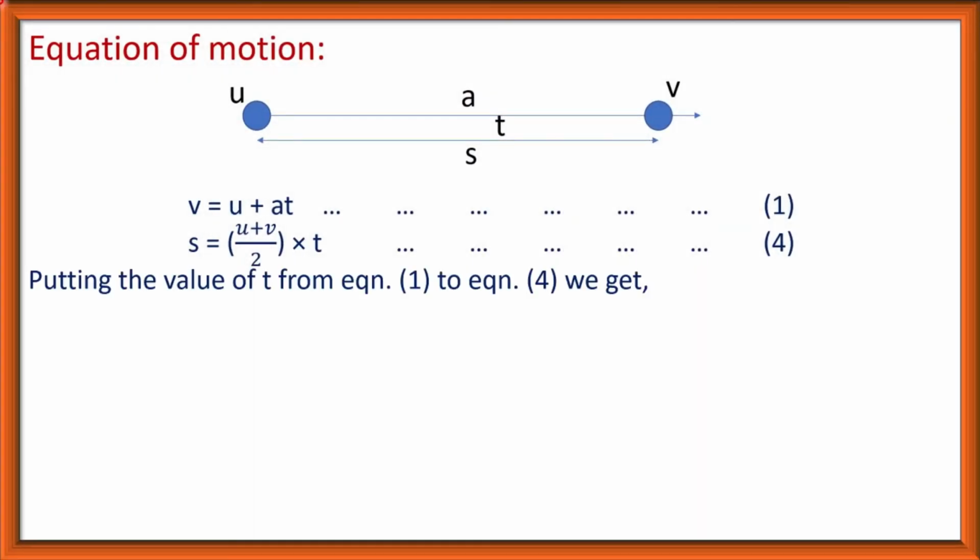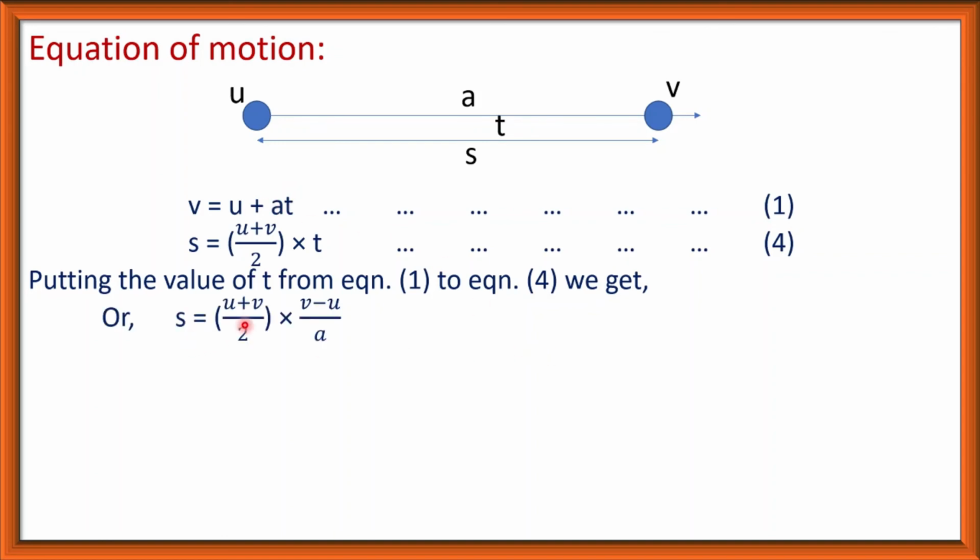Now putting the value of t from equation 1 into equation 4, here v is equal to u plus at, therefore t is equal to v minus u divided by a. Instead of t we will write v minus u divided by a from this equation.